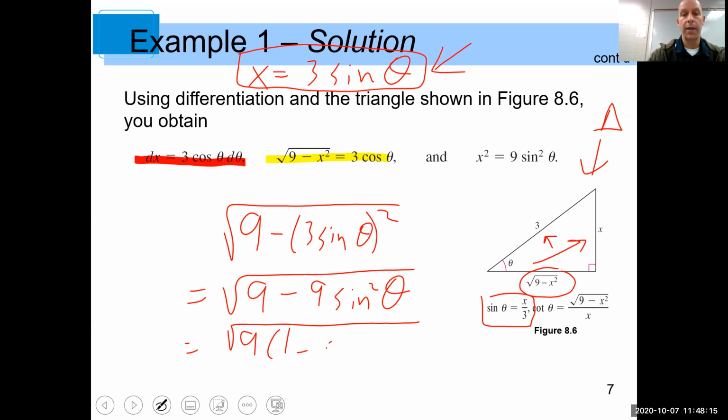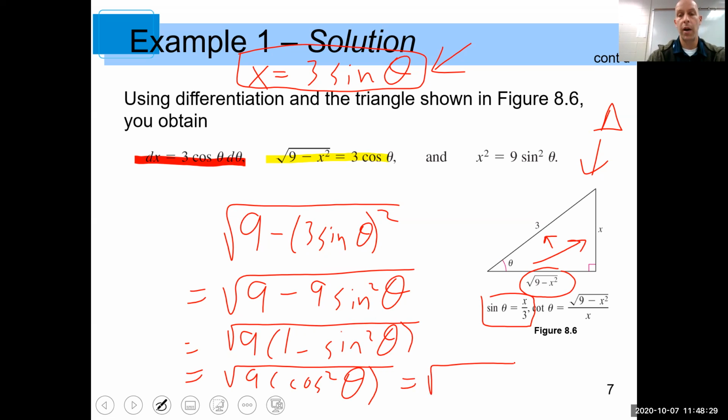I'm going to get 1 minus sine squared theta. What's 1 minus sine squared theta? Well, that is cosine squared theta. So I've got the square root of 3 squared times cosine squared theta. And what is the square root of that? Well, it's 3 cosine theta. That's what we said just right there.